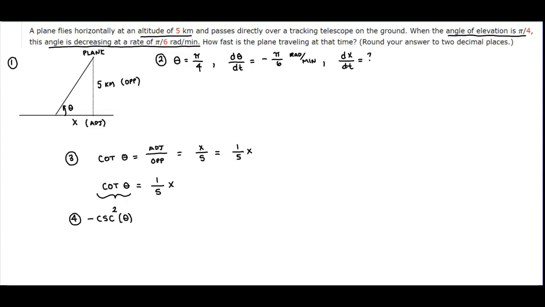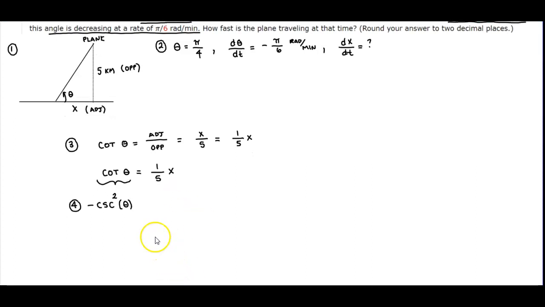Recall that we also need to use the chain rule here. This is the outside function, and for the inside, we're taking the derivative of theta with respect to time. So we're going to say times the derivative of theta with respect to t.